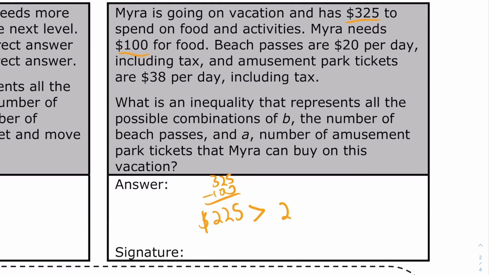We have $20 for every beach pass, plus every amusement park pass, which is going to be $38 times A, because that's what they said to use for amusement park tickets. Just as long as we spend less than $225.